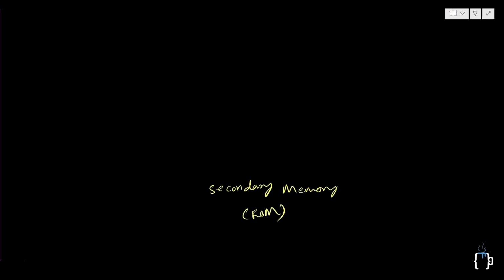Generally, whether it be the operating system or any computer application like Chrome, Word, Notepad, VS Code, Edge, whatever it might be, it is stored in secondary memory. All the software of that application is stored in the secondary memory itself.